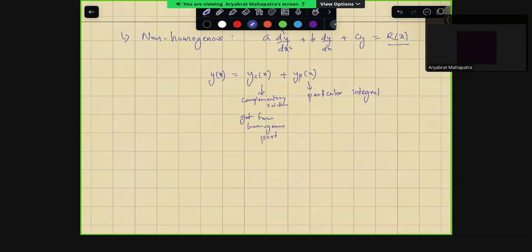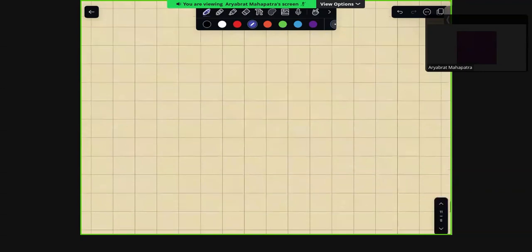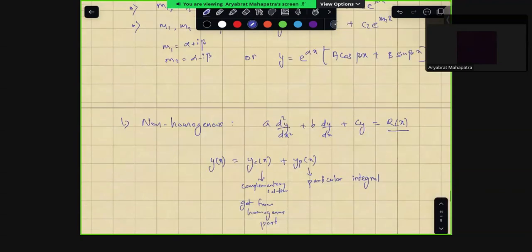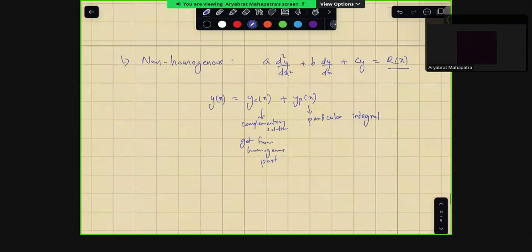And then again, you can go through the various cases we've seen for different forms of R of x. For example, when your R of x was some polynomial type, or R of x was some exponential type of equation.